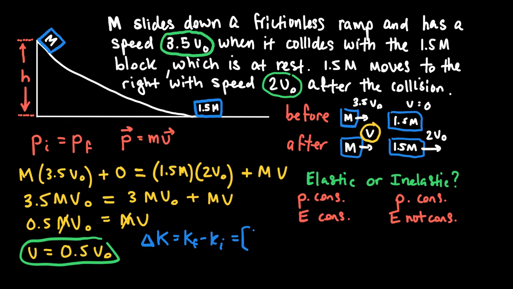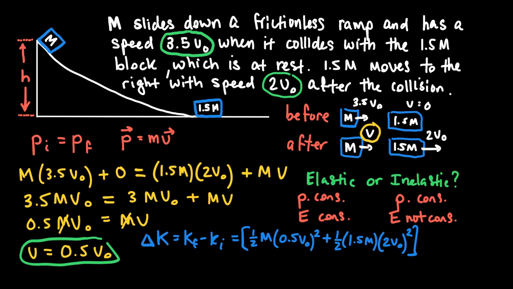The kinetic energy of the first block is 1/2 times its mass m times its speed v, which we found in the first part, which was 0.5 v naught, squared, plus the kinetic energy due to the other box, which is 1/2 times its mass, which is 1.5 m, times its velocity, which is, after the collision, 2 v naught. So this entire term here is the final kinetic energy.